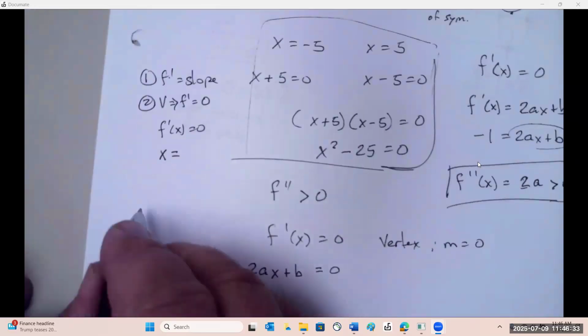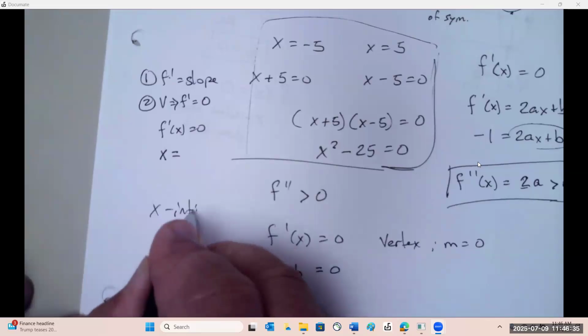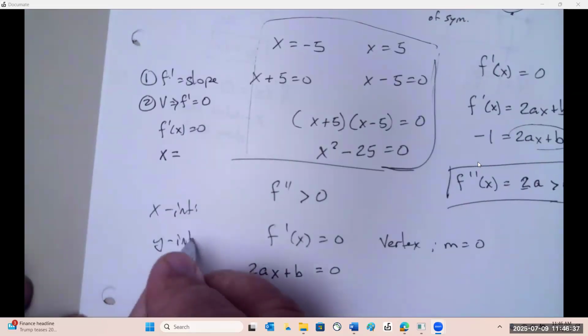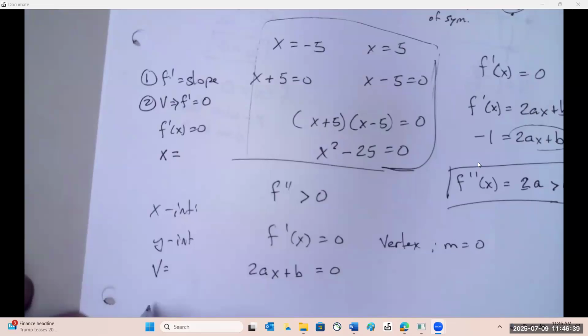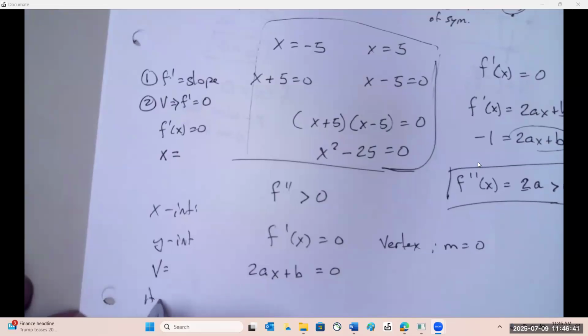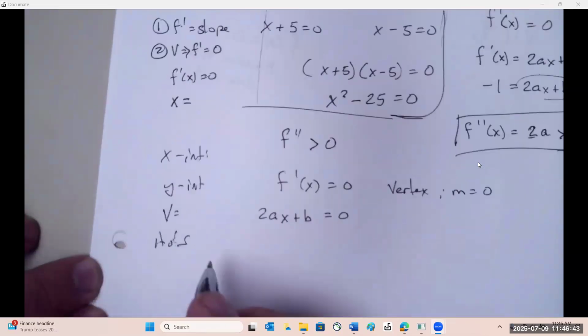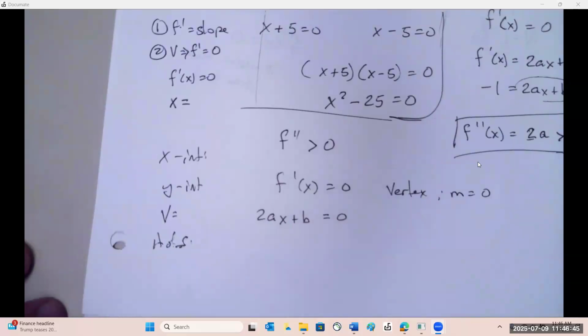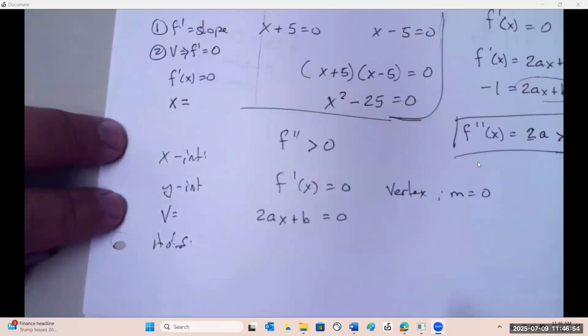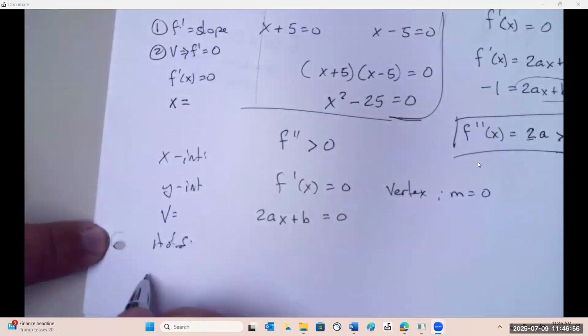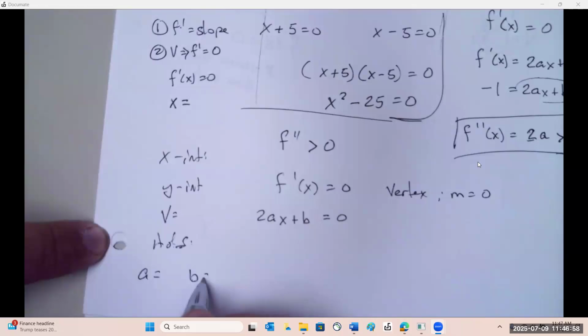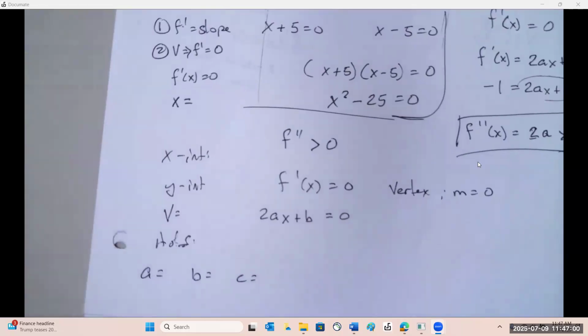So we have x-intercept, y-intercept, vertex, axis of symmetry. Because what we have to do is build our information from there. We have to build these three values.